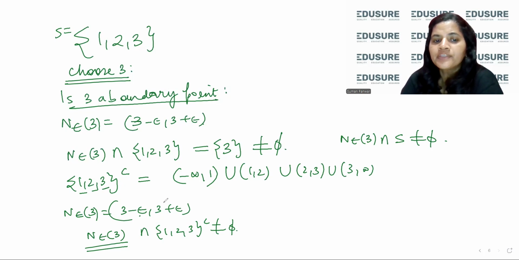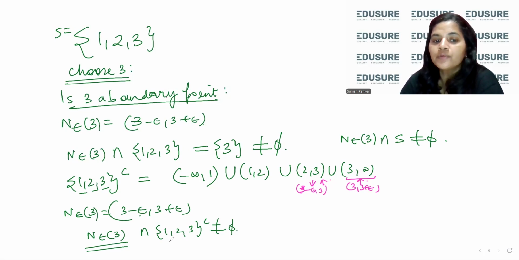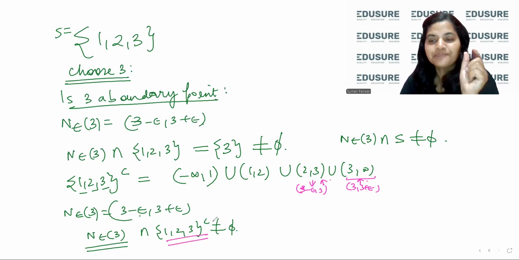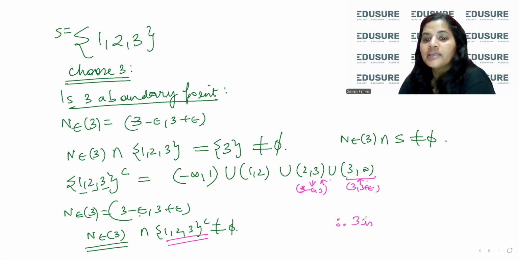You can see that this is a neighborhood around 3. In the interval (3, infinity), we will have (3, 3 plus epsilon) here, and we will have (3 minus epsilon, 3) here. So 3's neighborhood has an intersection with the set, and 3's neighborhood also has an intersection with the complement of the set. And therefore, 3 is a boundary point.